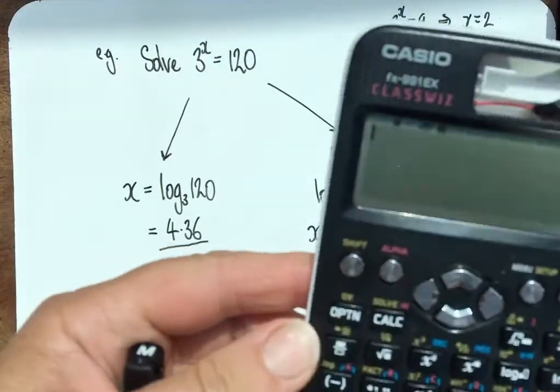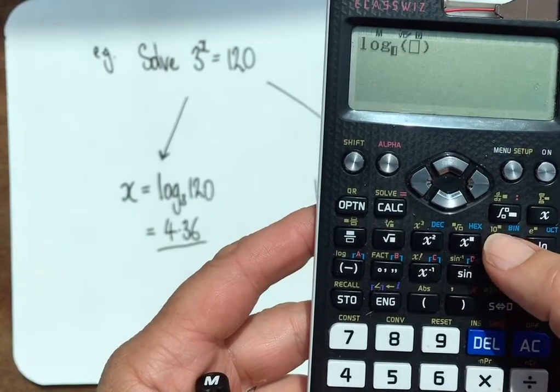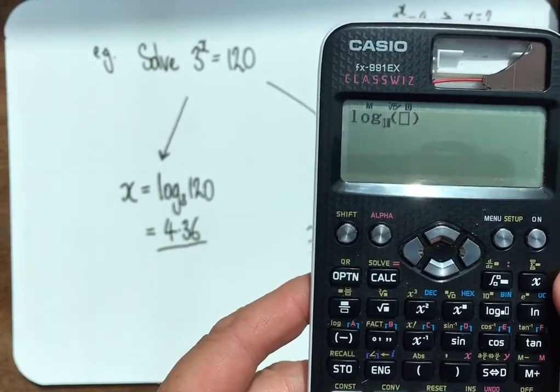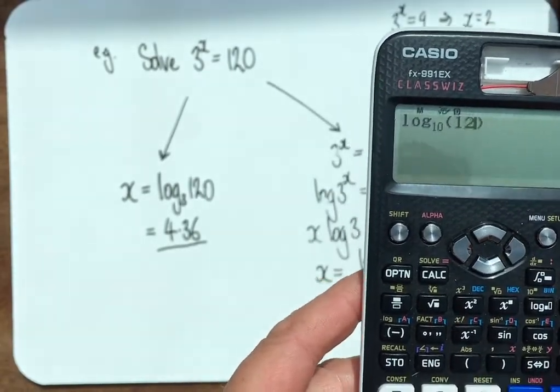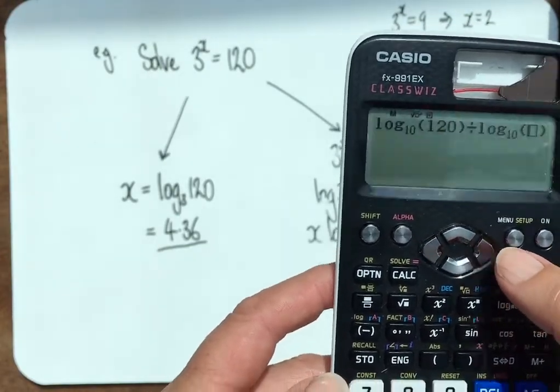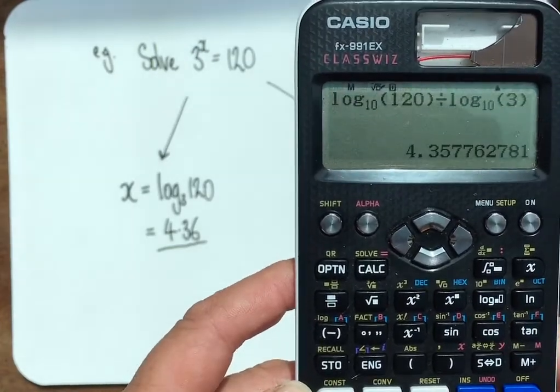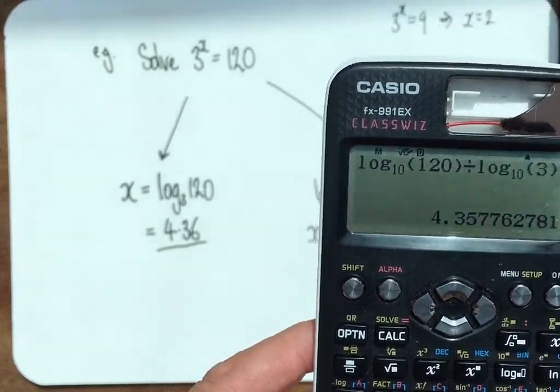So to do log to the base 10, you can do log base 10 of 120 divided by log base 10 of 3. And that will give you 4.36.